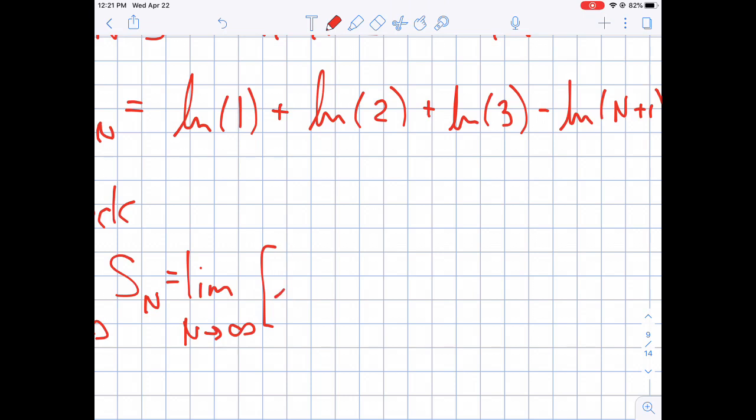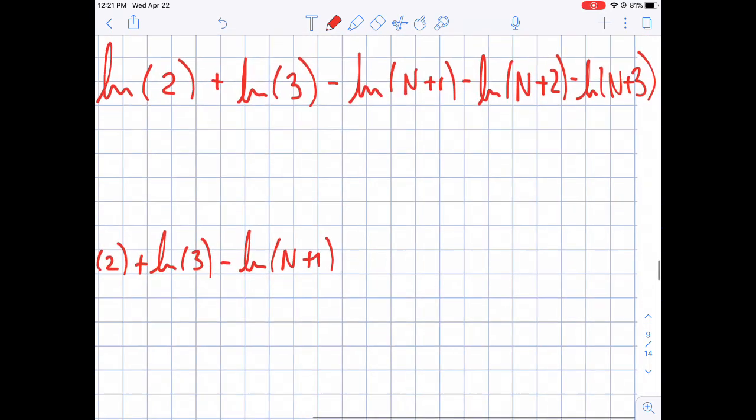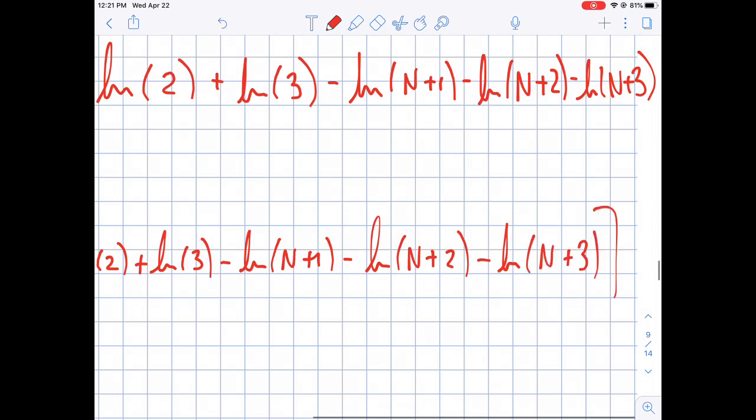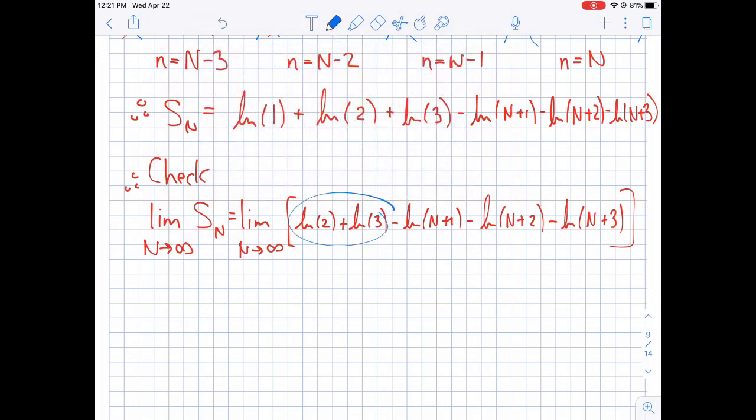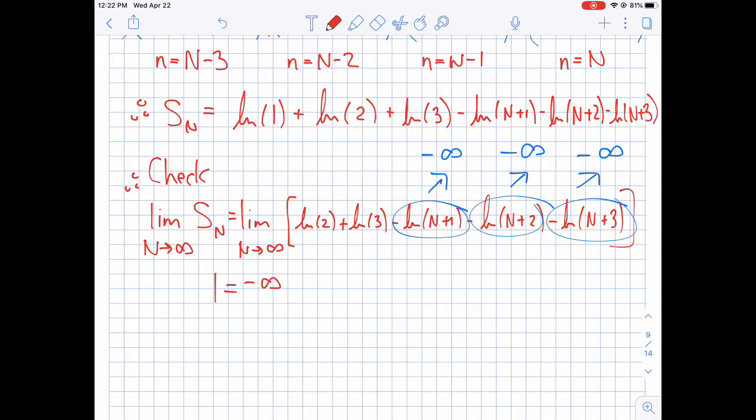Okay, we know that that one is 0, so it's just going to be ln of 2 plus ln of 3 minus ln of capital N plus 1 minus ln of capital N plus 2 minus ln of capital N plus 3. And that's the limit that we're looking to do. And really, these terms are all constants, so they don't really do anything, but this term is going to approach minus infinity, and so is this term, and so is this term. So all of them approach minus infinity, meaning our entire limit is just going to go to minus infinity.